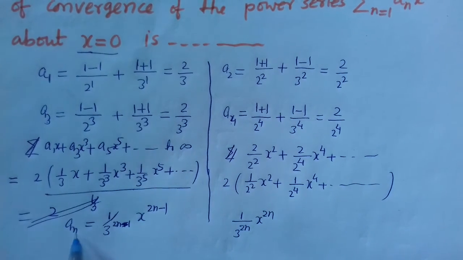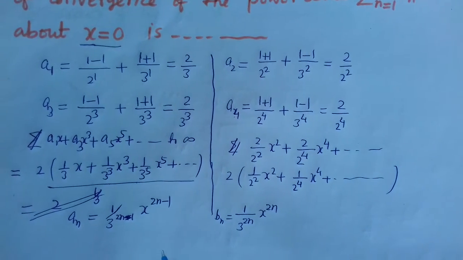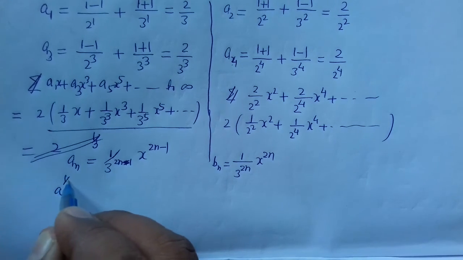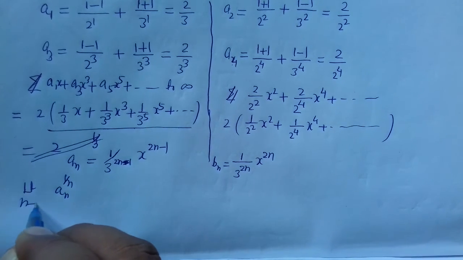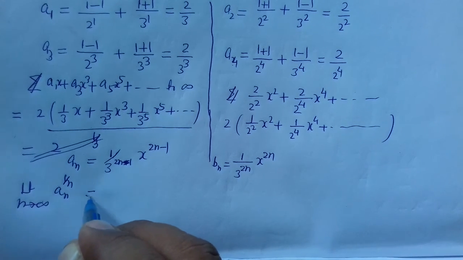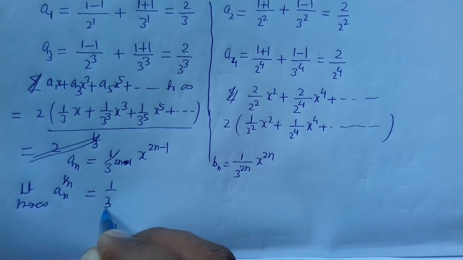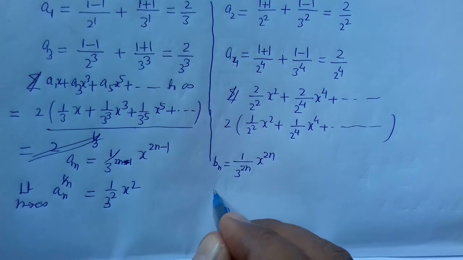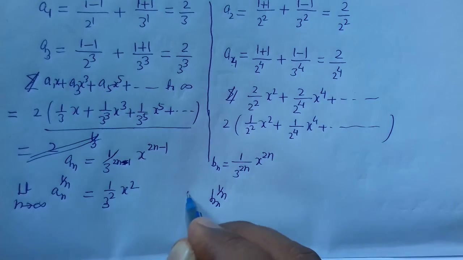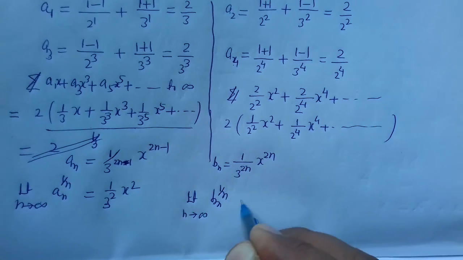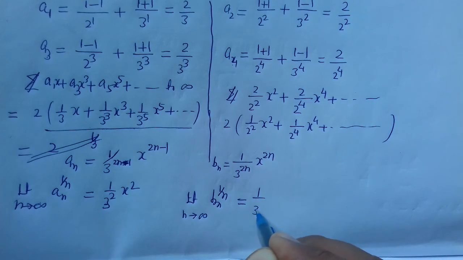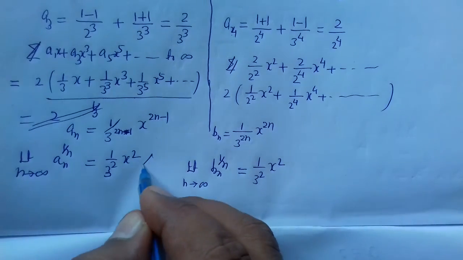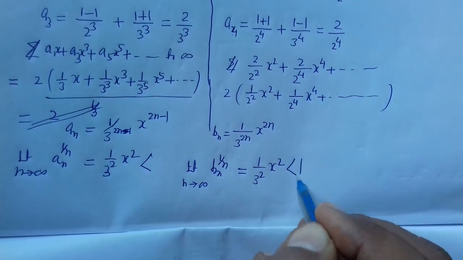Suppose this is an and this is bn. Now using the Cauchy root test, when the limit of (an)^(1/n) as n tends to infinity, this will be 1 by 3 squared x squared, and for bn, the limit of (bn)^(1/n) as n tends to infinity, this will be 1 by 2 squared x squared, and to be convergent this should be less than 1, also this should be less than 1.